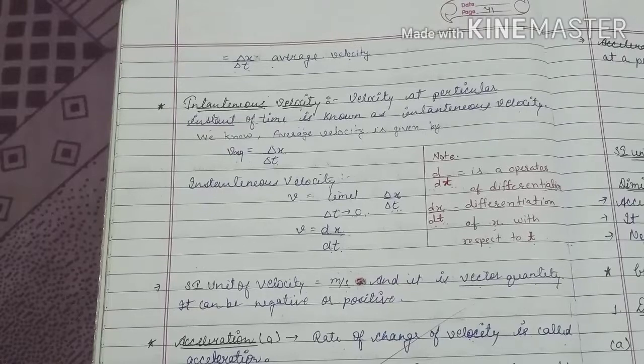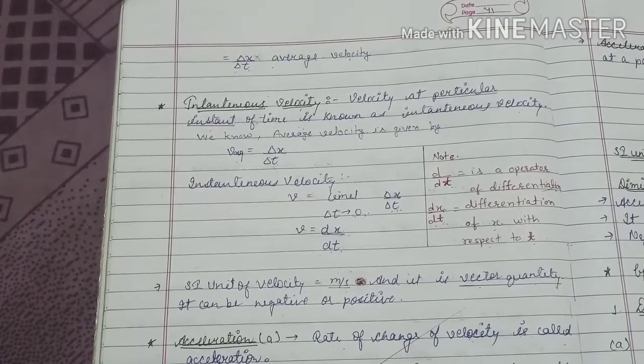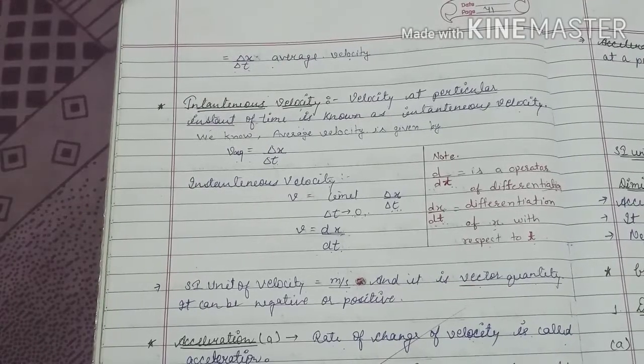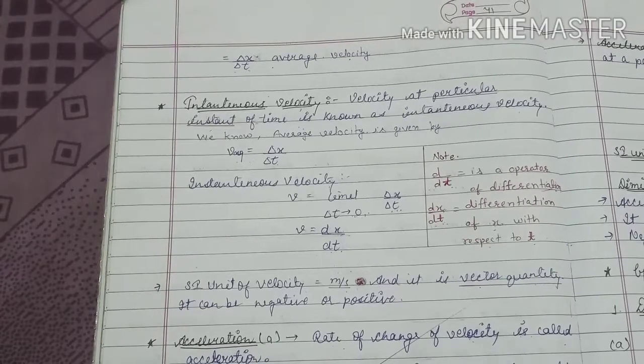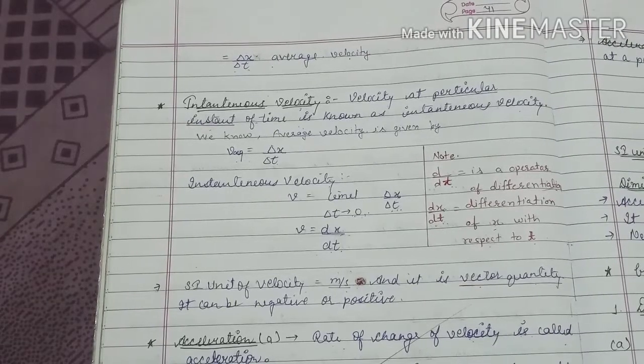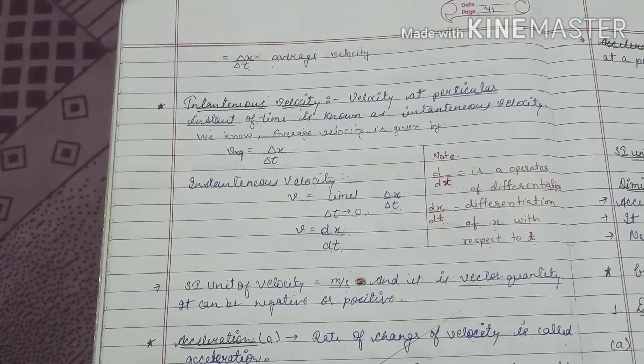But when you look at the speedometer of the vehicle, it fluctuates with respect to time. The fluctuation in the speedometer is due to variation in the speed, or variation in the velocity of the vehicle. Due to that variation, we have some instant velocity.